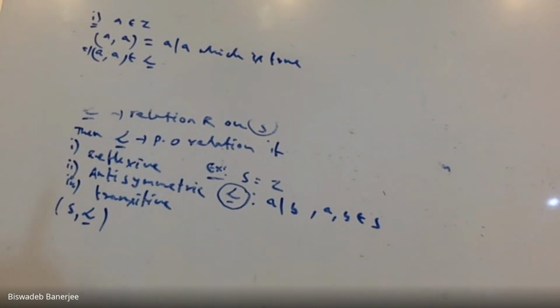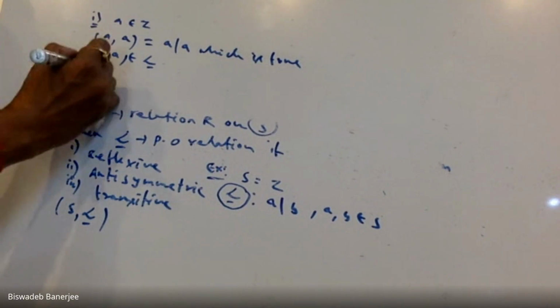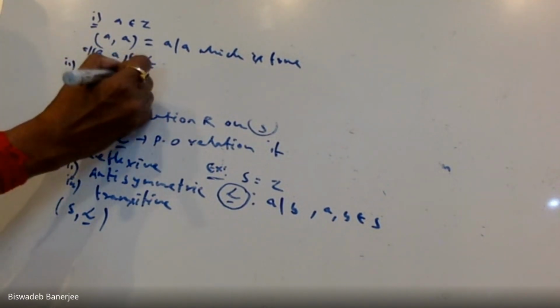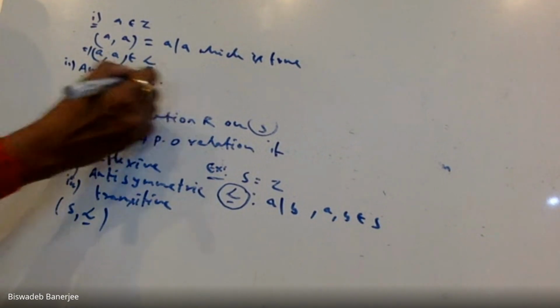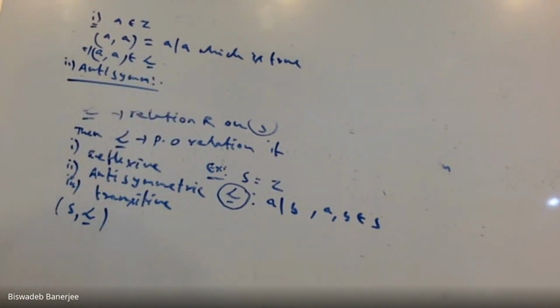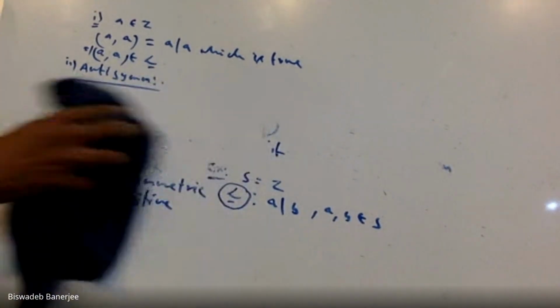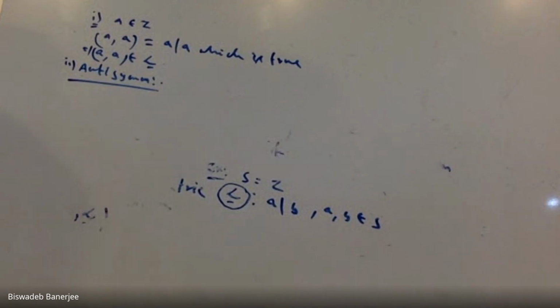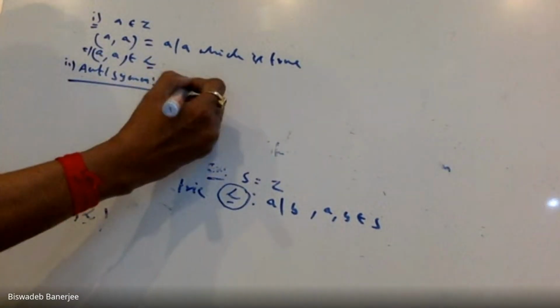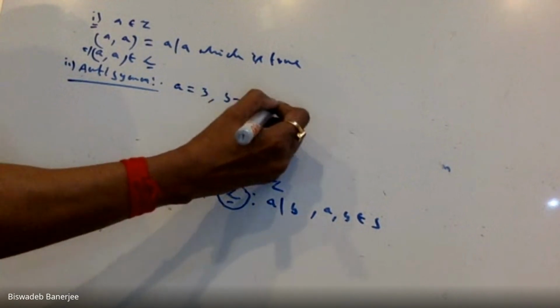Number two, anti-symmetric property. Now you have to check whether this condition holds or not. For this, we have already checked this. Take A equal to 3, B equal to minus 3.